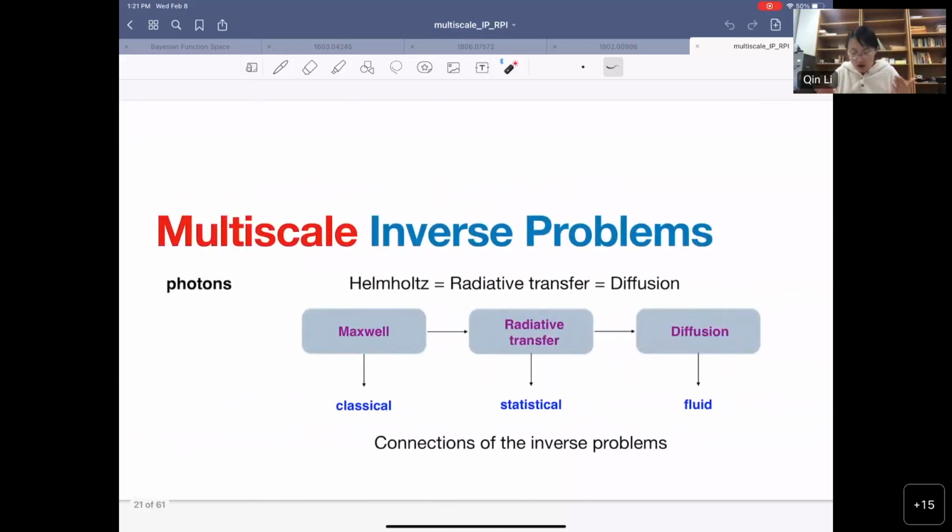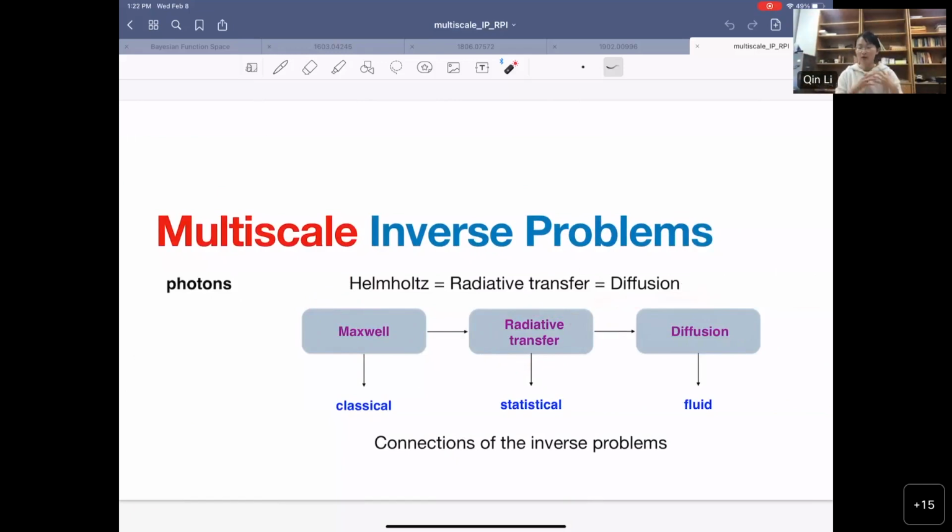Okay, so with that said, let's come back to the photons for the light propagation. For photons or the light propagation, we can think of light as the Maxwell wave equation, or on the frequency domain, it's translated to the Helmholtz equation, or we can think of light as a statistical behavior, radiative transfer, or we can diffuse everything out and we have the diffusion equation.